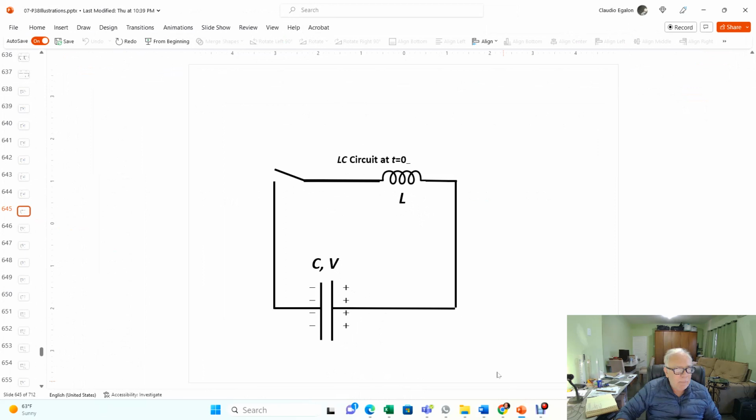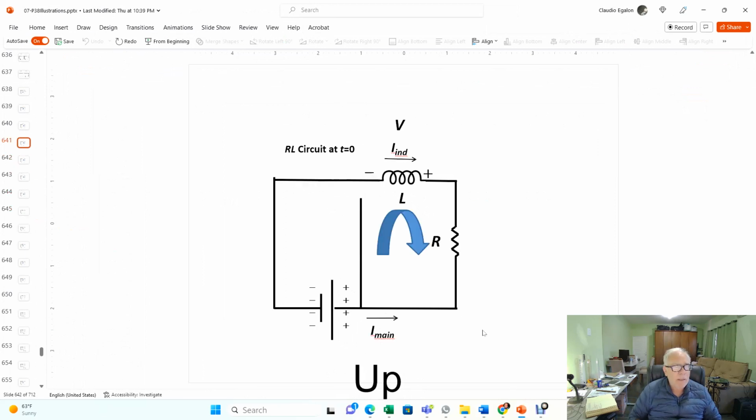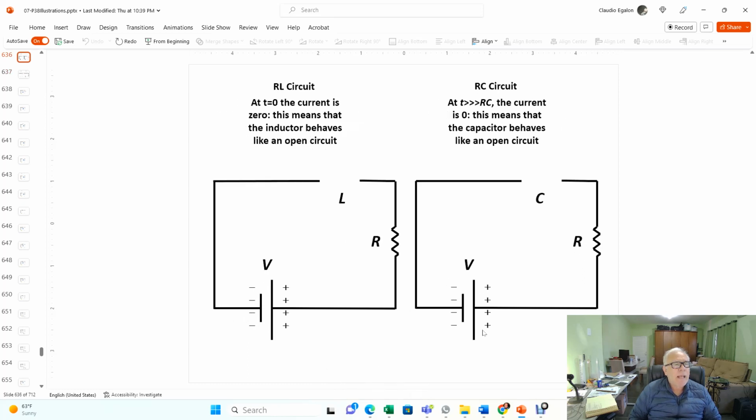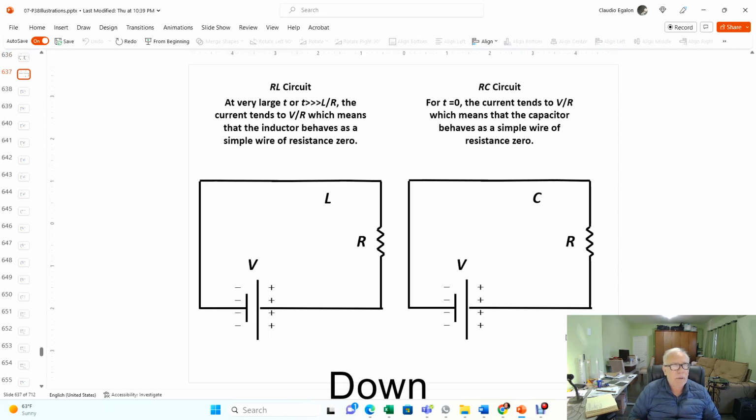Recall what I pointed out to you before, right? The behavior of the inductor is exactly the opposite of the behavior of the capacitor. Okay, here you go, those two slides that I displayed to you before. For time t equal to 0, the inductor behaves like a broken circuit. But the broken circuit is just like how the capacitor behaves for time much greater than the constant of the circuit. And all the way around.